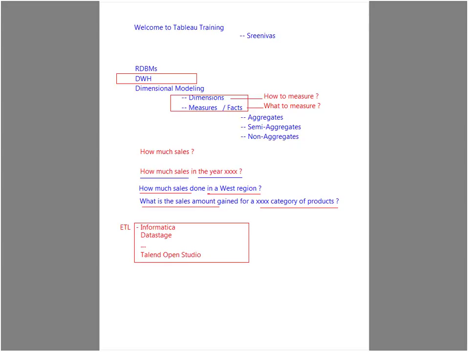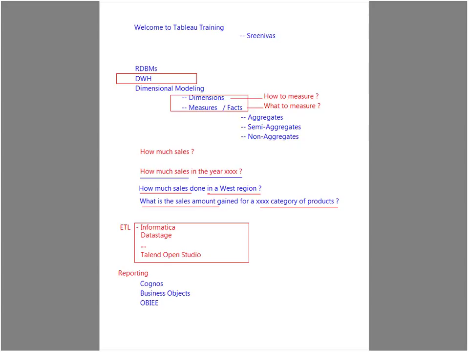Then we will have some tools called reporting tools. In the area of reporting tools, you will come across tools like Cognos, Business Objects, OBIEE, right? We have a lot of reporting tools like SSRS.